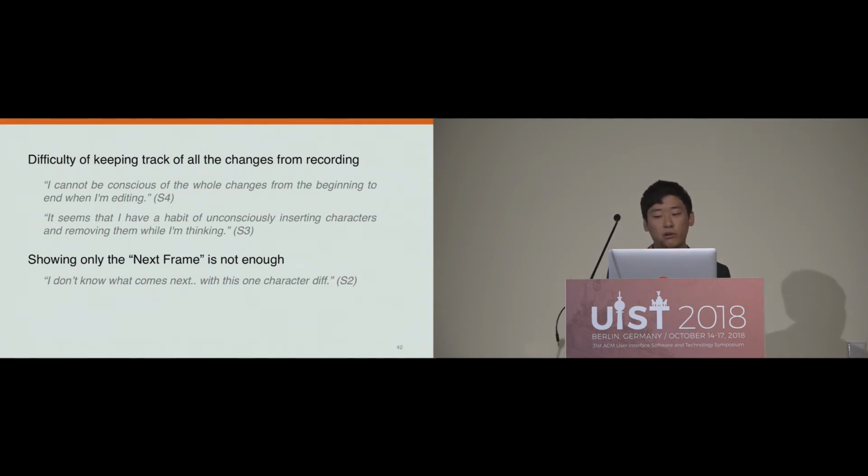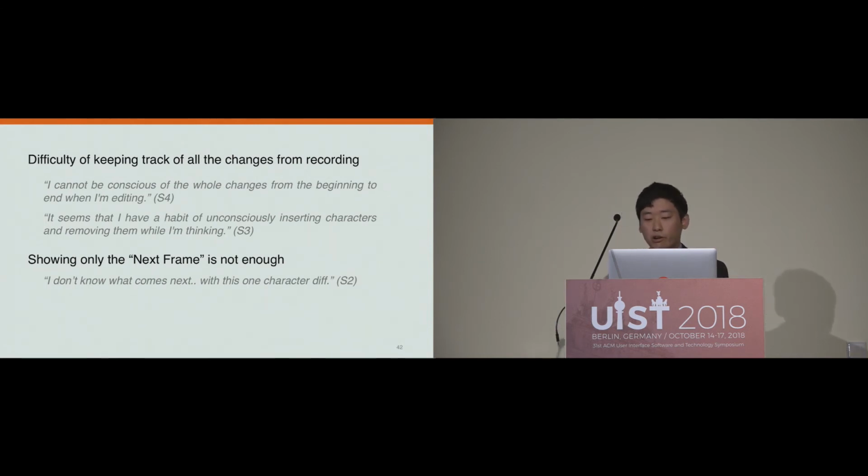Because they don't remember the operations that they recorded, they don't know what they are dealing with. And even if you remember the content all the way through the end of the screencast, it's fairly difficult to know how this edit will affect the later part, and which ambiguity it will cause.